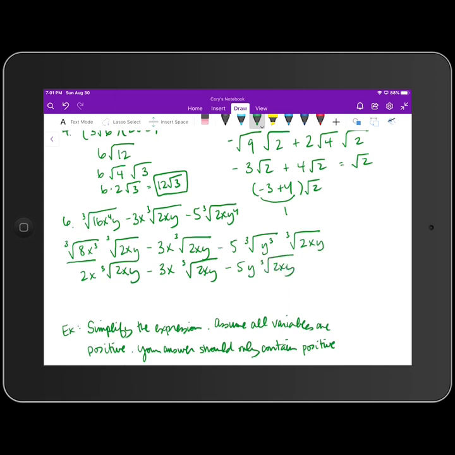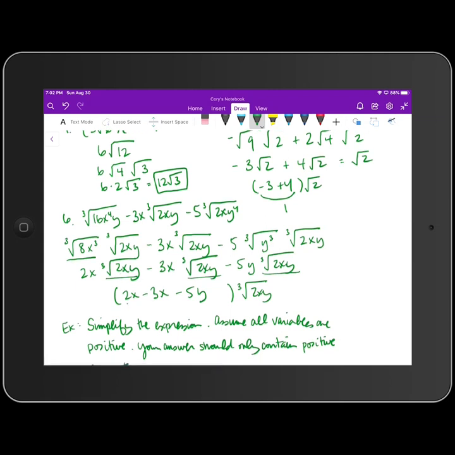And when we look at all three of those quantities, they have the cube root of 2xy in common. So if I factor that out, that leaves me with 2x minus 3x minus 5y.